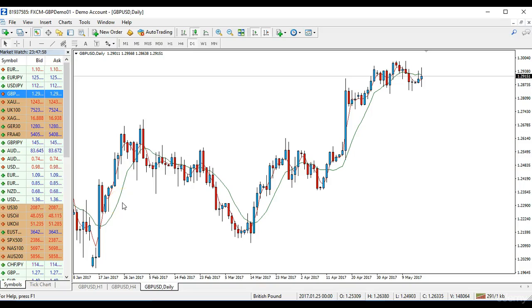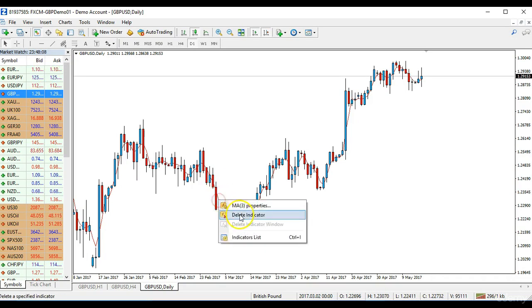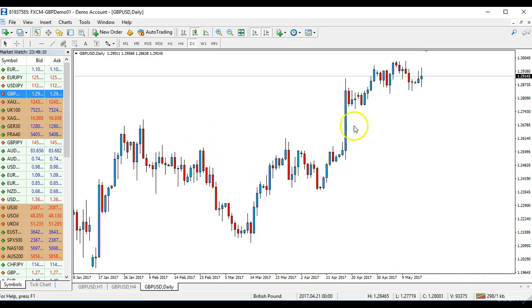So let me just very quickly go through how you would use the platform. What I will do first of all is remove everything here, all the indicators. Now, what you see first of all is that I use what's called candlesticks, and if you want to change how it appears on the screen, you can click that, which gives you bars.